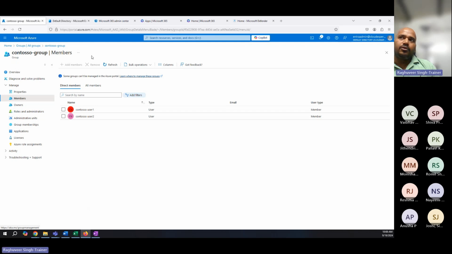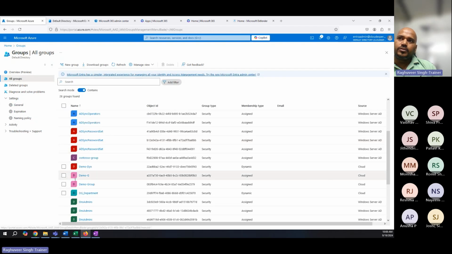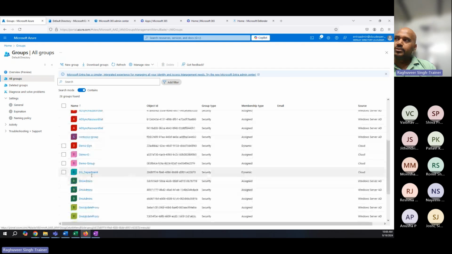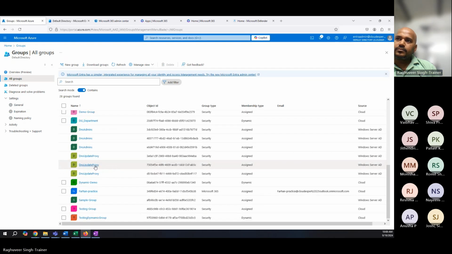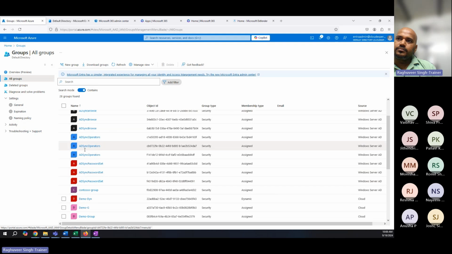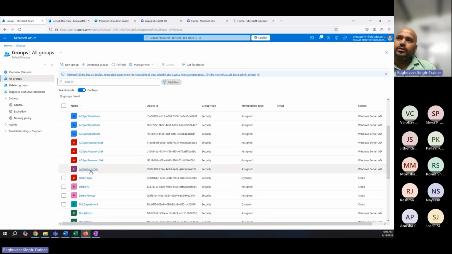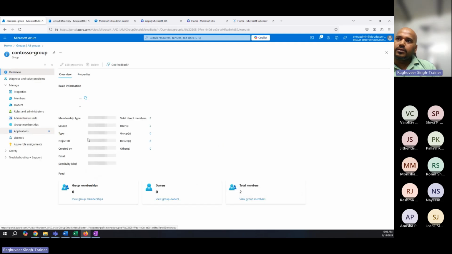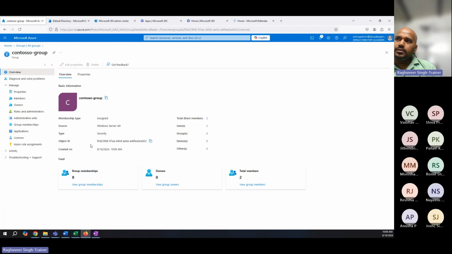Now, the reason I do not have an option to add members is because this group is getting synchronized from on premises. This is not a cloud group. I can show you here. This is the group Contoso, and you can see the source is Windows Server AD.